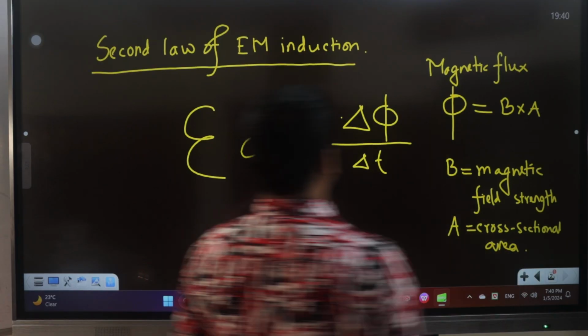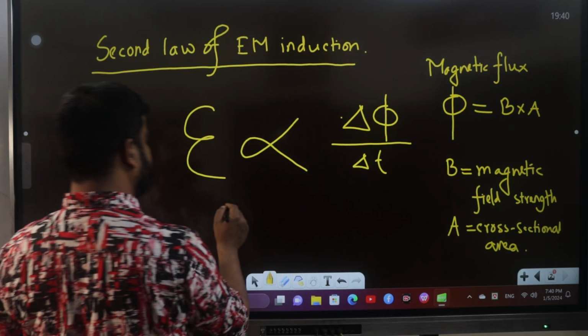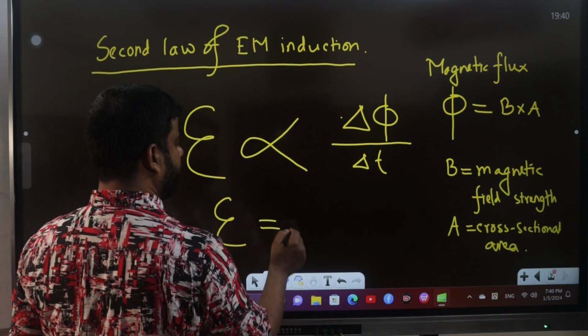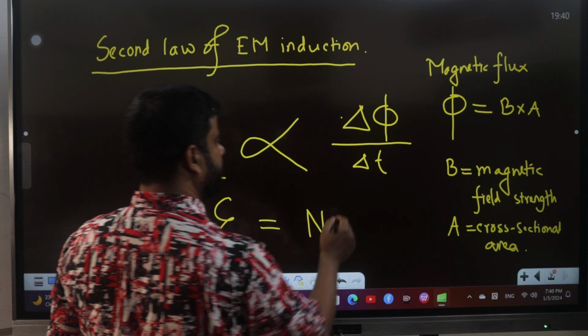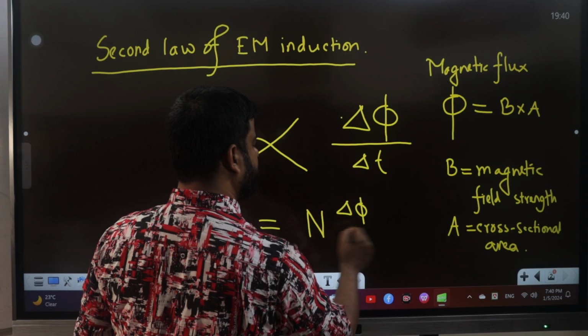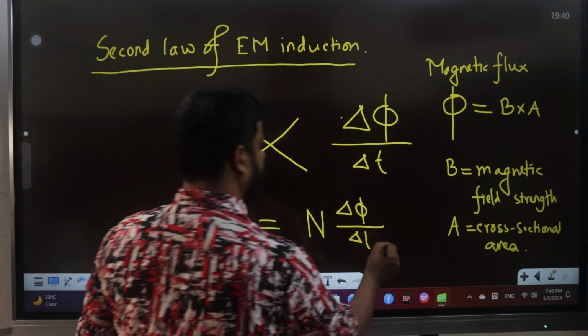If we replace this proportional sign by an equal sign, then we use N. Here N is the number of turns in the coil.